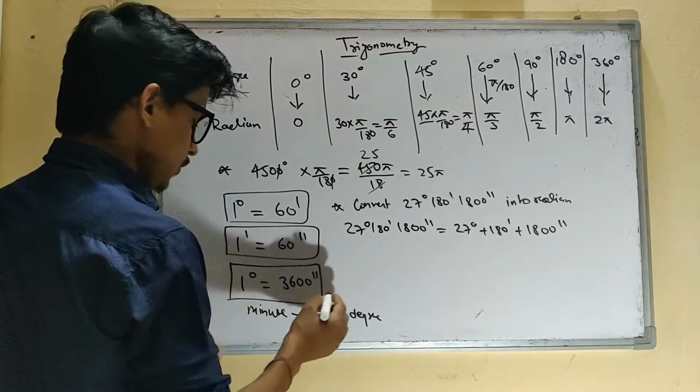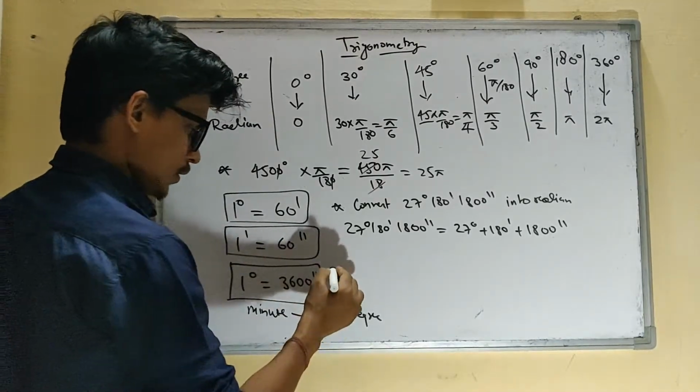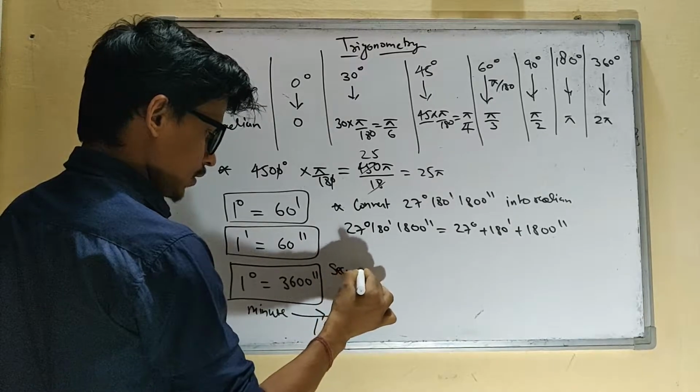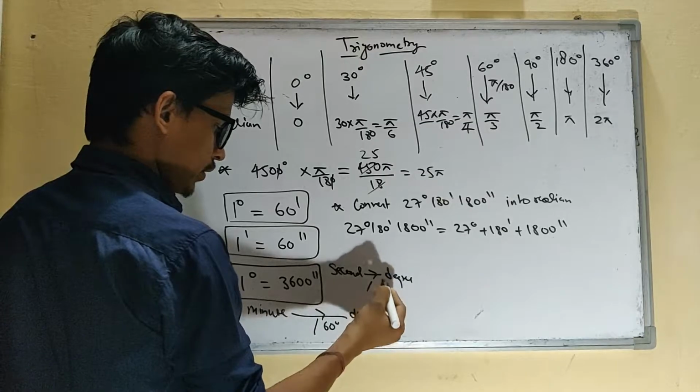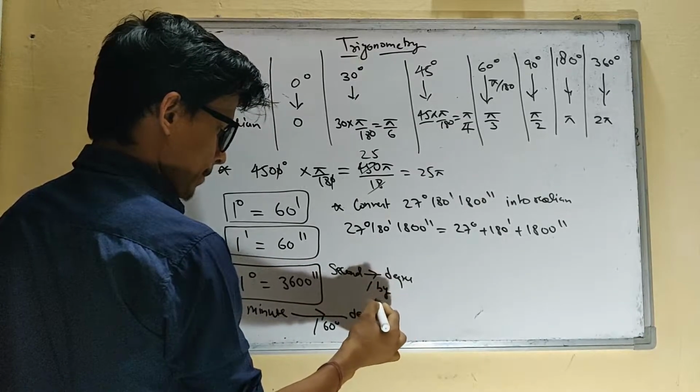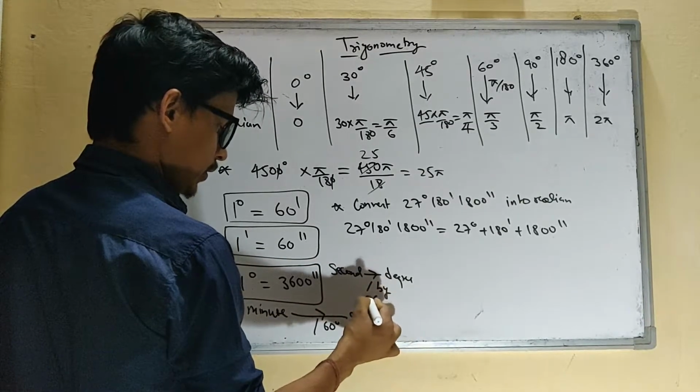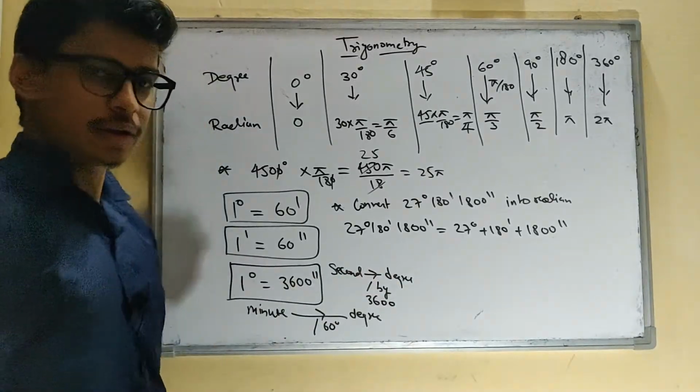And if you want to convert seconds into degree, you just divide it by 3600, right? And I think it is understood, right?